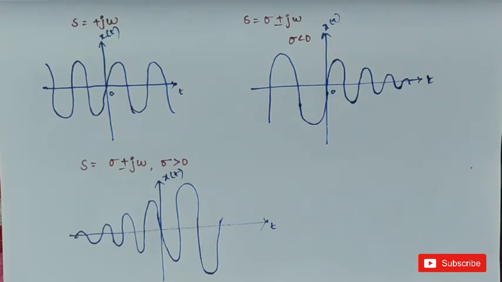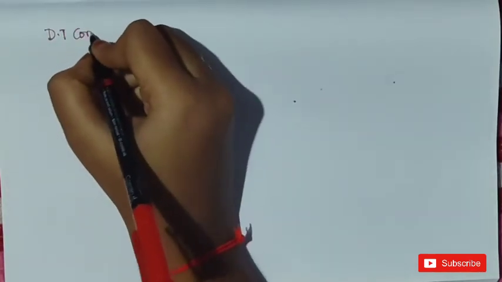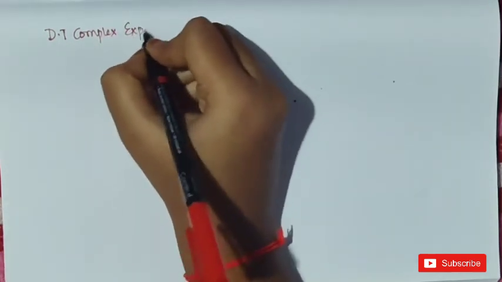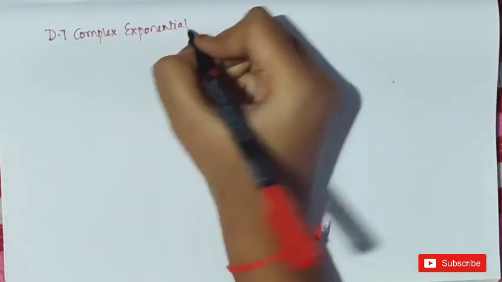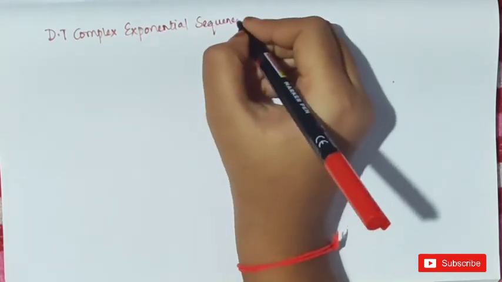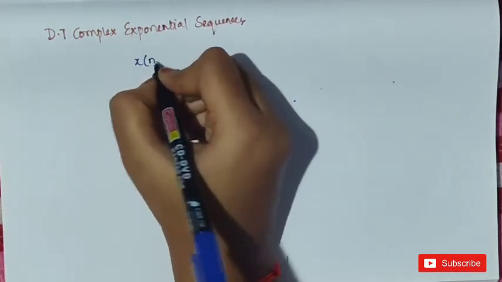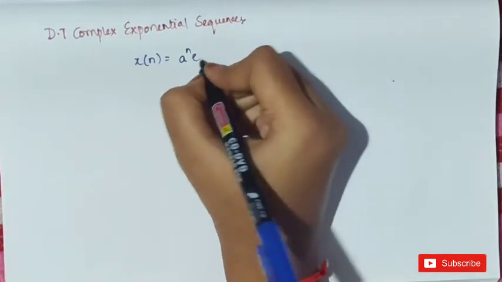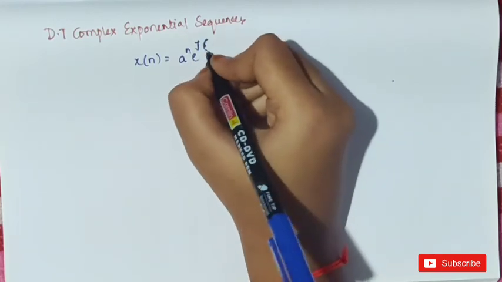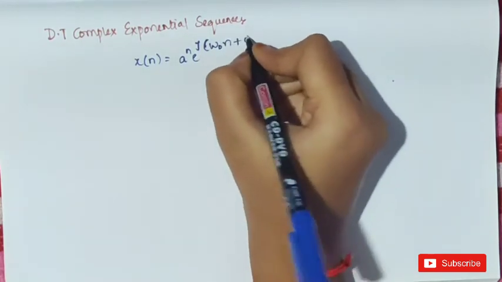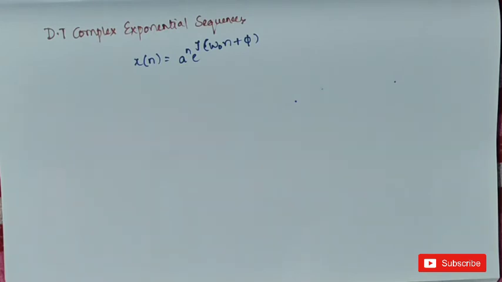There is one more case, that is the discrete time complex exponential sequence. Let us see this now. It can be defined as x of n is equal to a power n into e power j (omega naught n plus phi).